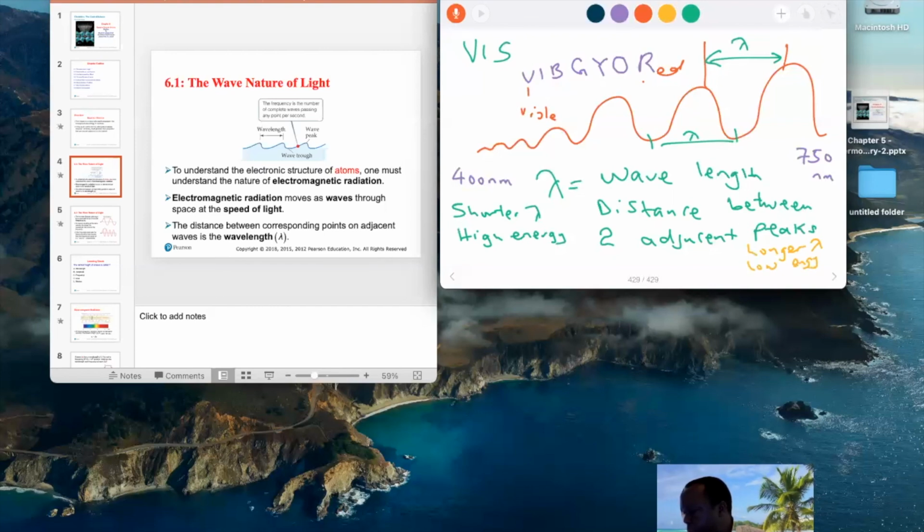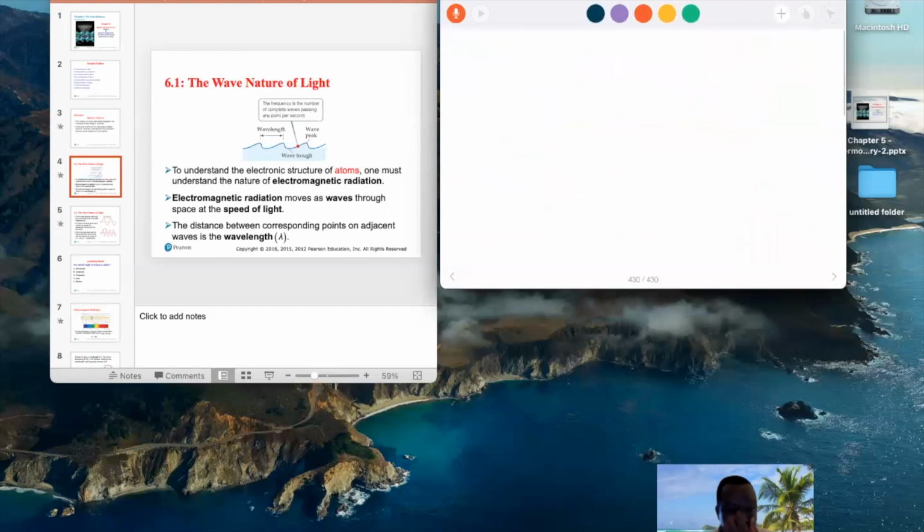Before we do that, there is a property for light we call frequency, and we use this symbol, which indicates frequency. Frequency of light.